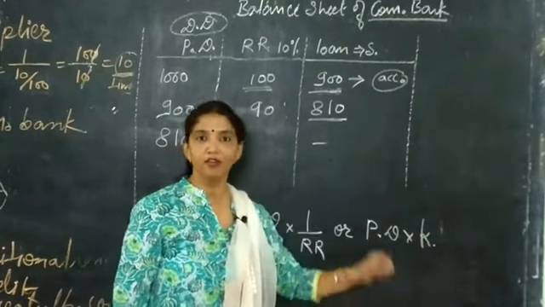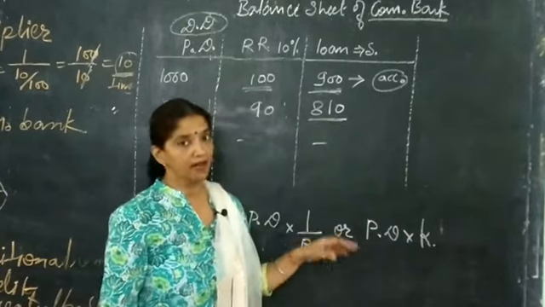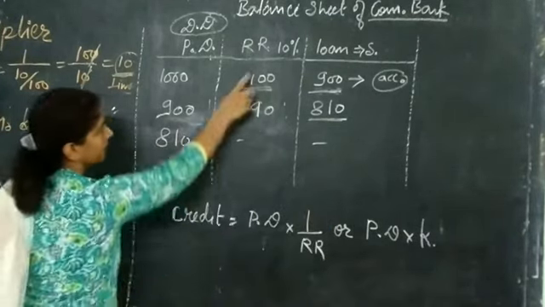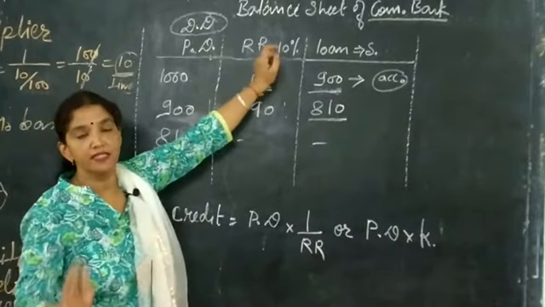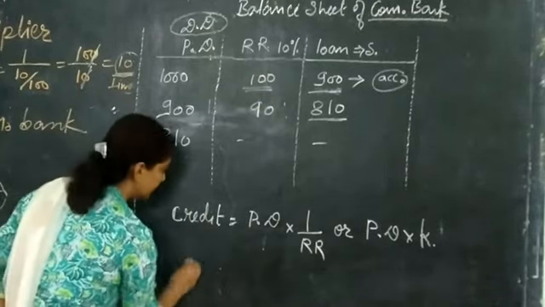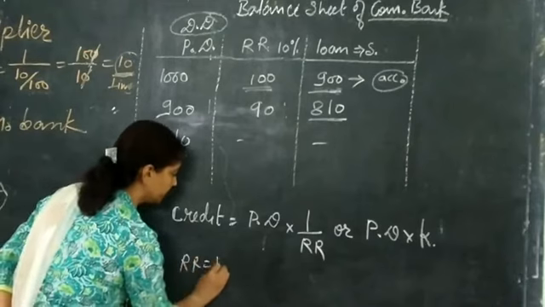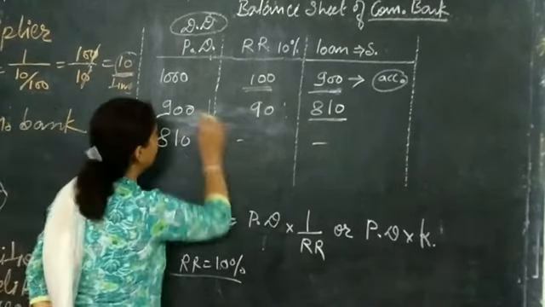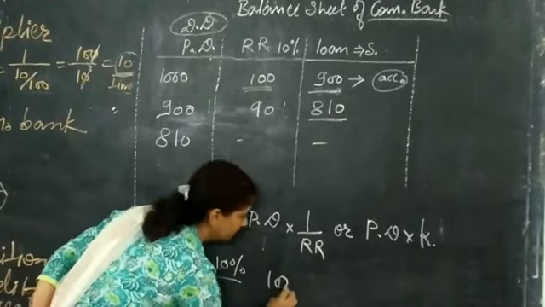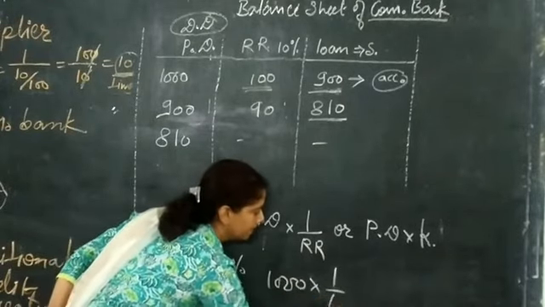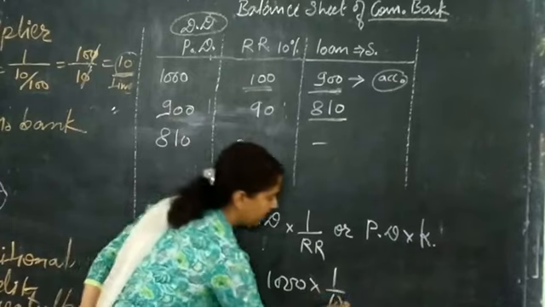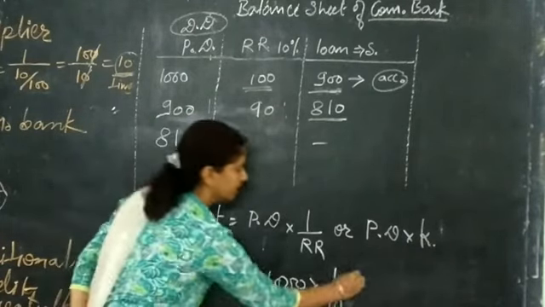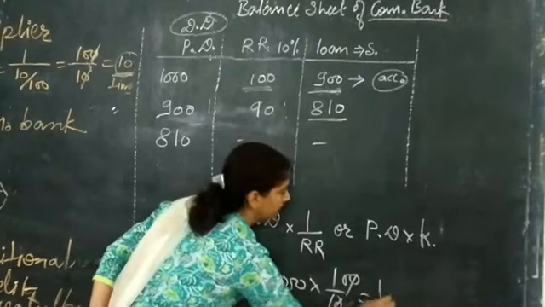What is the value of the credit multiplier? The credit is created in that multiple. Assume that the reserve requirement, or RR, is 10%. The primary deposits we have taken are 1000, multiplied by 1 upon 10%, and after removing the percentage sign we have 100 over 10, that is 10,000.